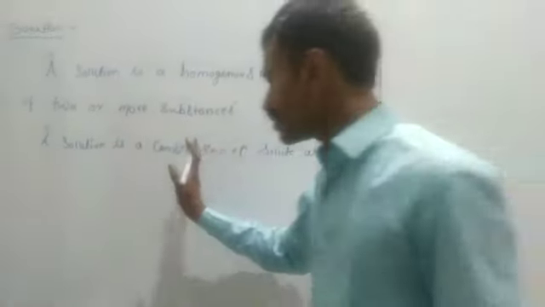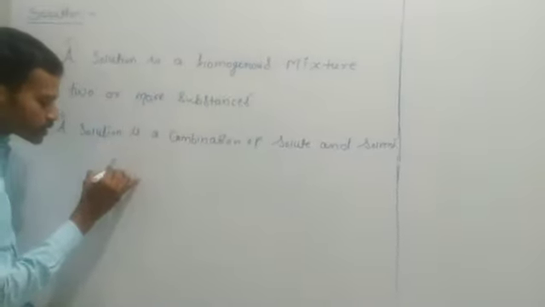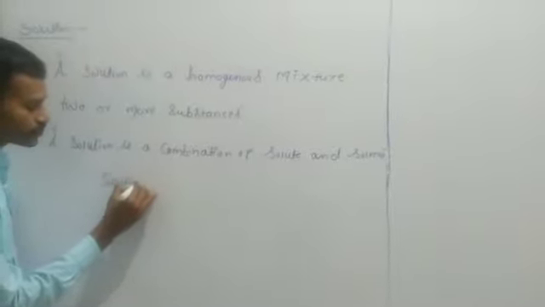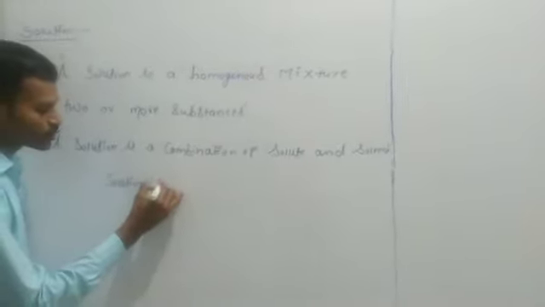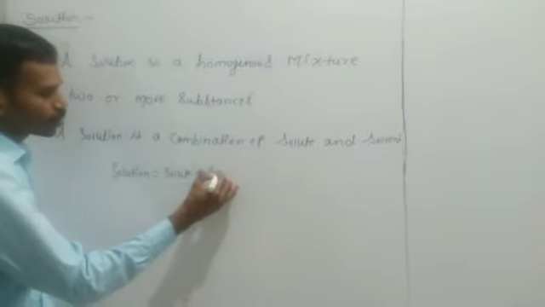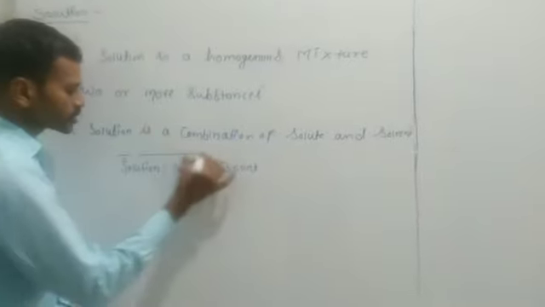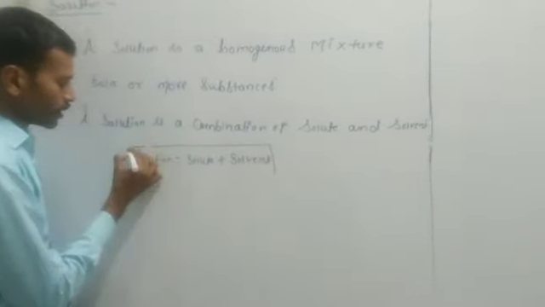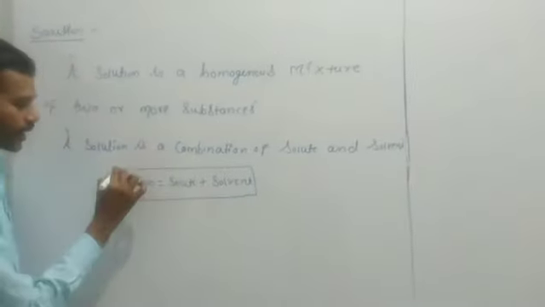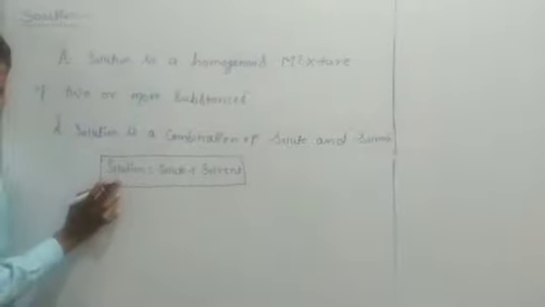Using this definition, we can also represent its formula: solution is nothing but solute plus solvent. It means if we know the value of solute and solvent, then we can find the value of the solution.